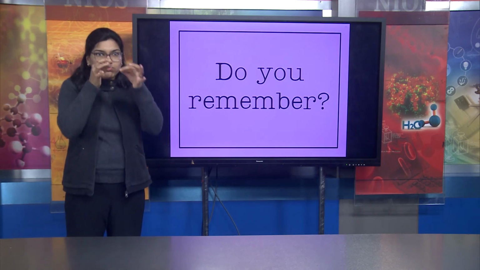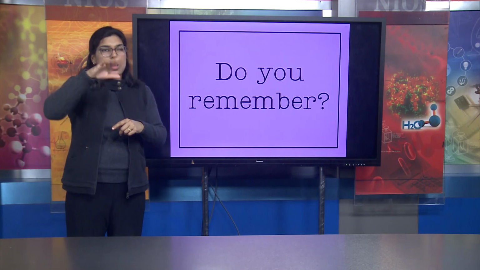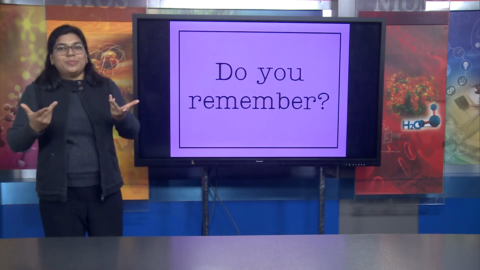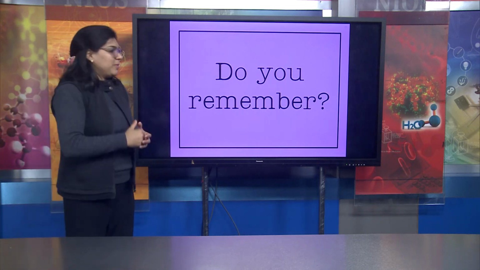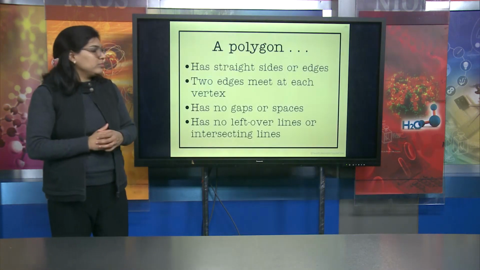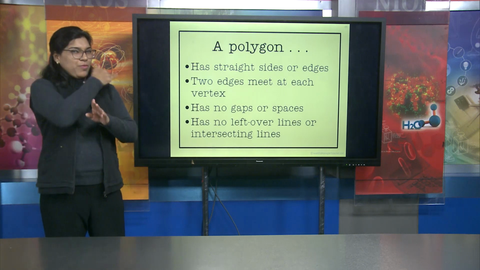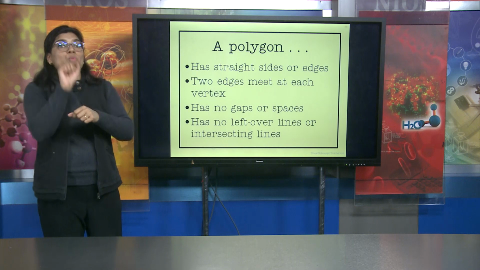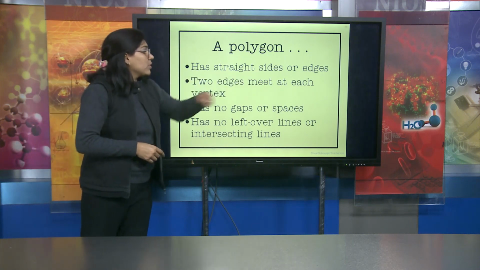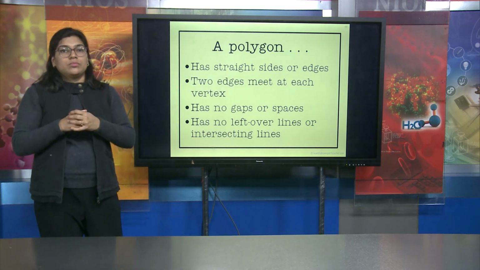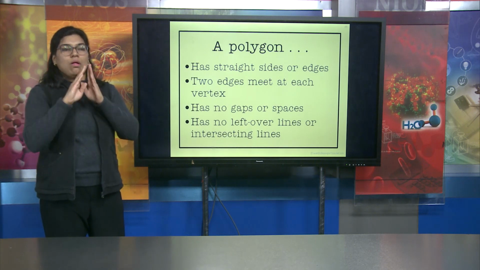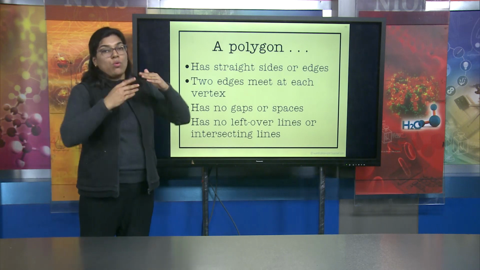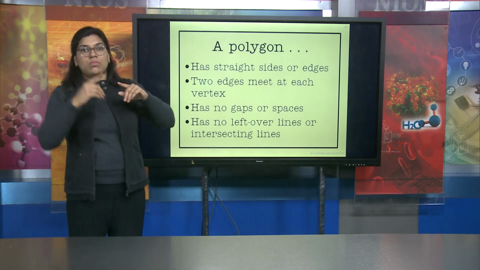Whatever we covered till now, we explained everything, and you have to remember all the features, all the names. Let us move further. In this video till now, whatever we have covered, this is the summary. It says that any polygon has straight lines or straight sides only.